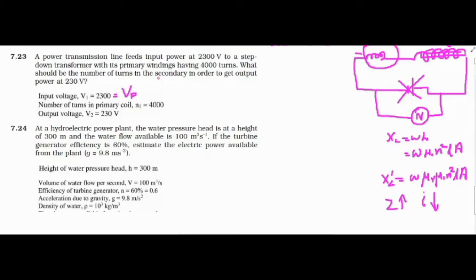Then a step down transformer with the primary winding of 4000 turns NP, and the required output voltage Vs is 230 volts. What is the number of turns in the secondary, Ns, we have to find out. Use the transformation ratio equation.